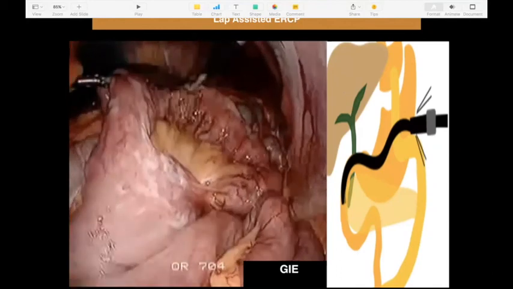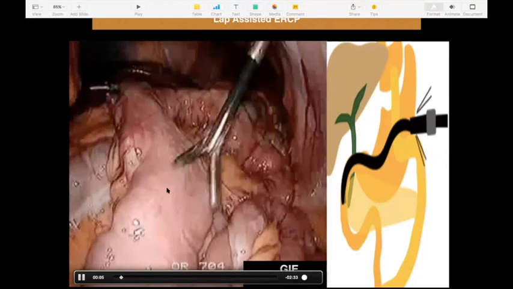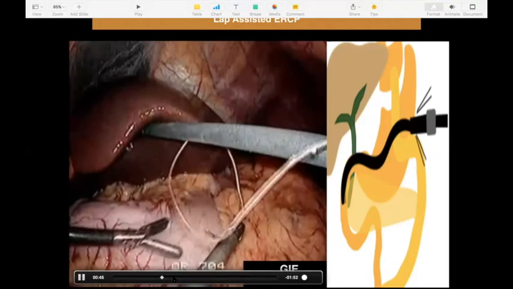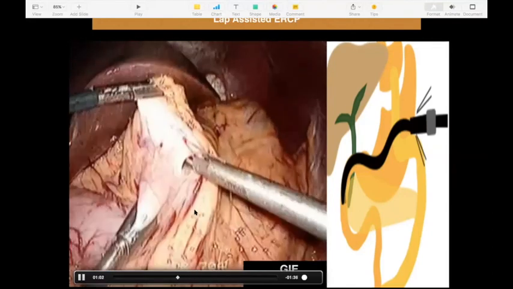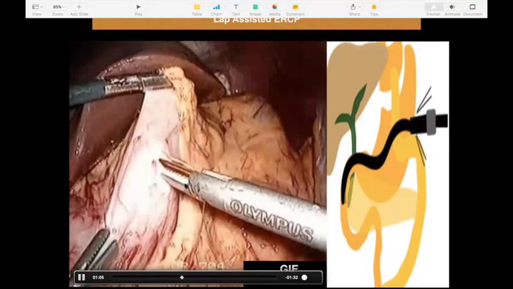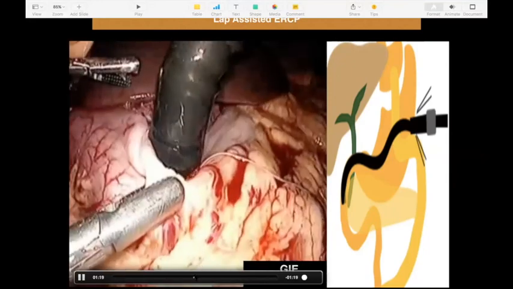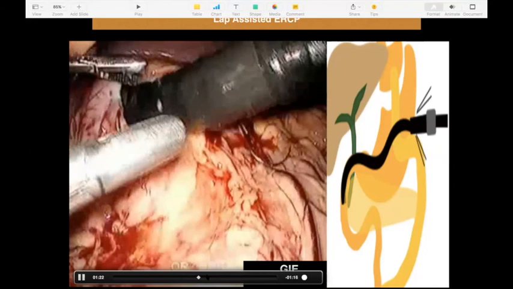They are trying to find the Roux limb. Then they secure the duodenal limb before they cut. Now they are cutting the jejunal loop so that a hole is created and the scope can be passed, and then the duodenoscope is introduced into the opening which the surgeon creates, and ERCP is done.